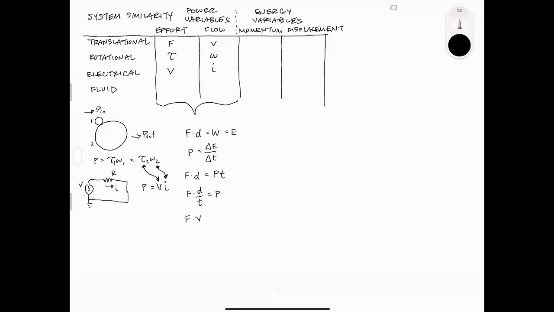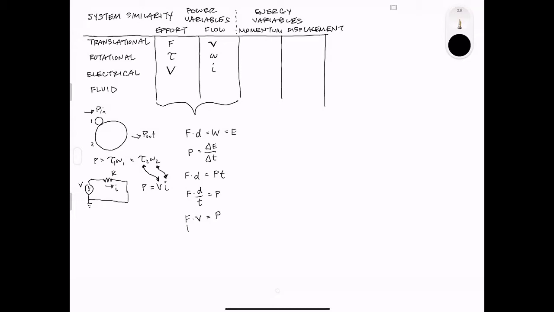Maybe I'll add a little line up here in my chart to distinguish it from voltage. So I'll make a capital V for voltage and a little lowercase v for velocity. The force times that velocity is indeed the power.